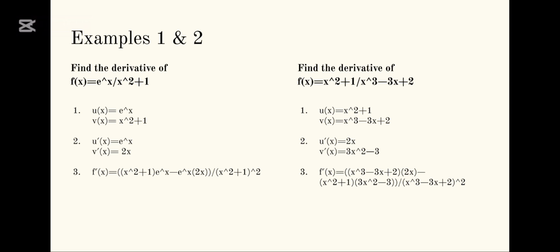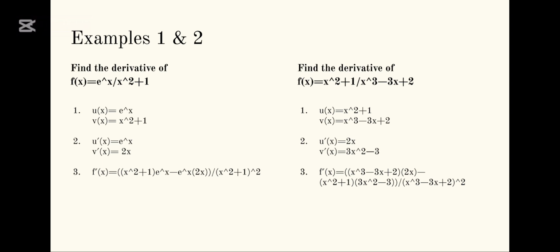Now we're going to apply the quotient rule to find the derivative of the equation. So the derivative of f of x is going to be equal to v of x multiplied by the derivative of u of x minus u of x multiplied by the derivative of v of x, and all of that is going to be divided by v of x squared.